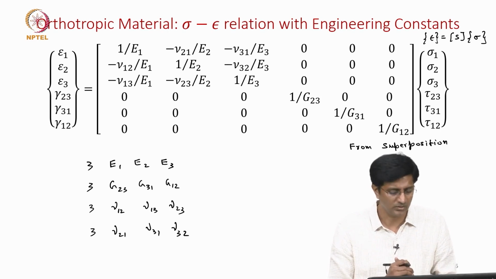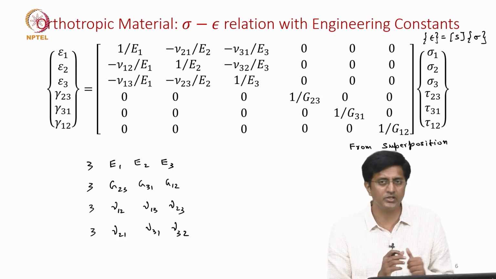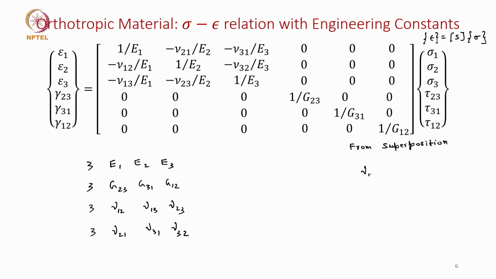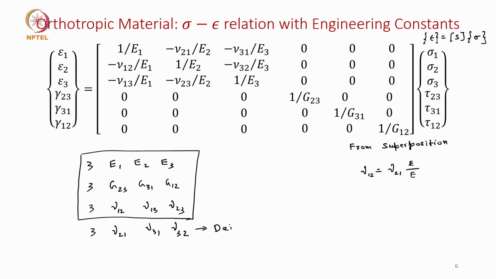The answer is no. The reason is that we have just shown in the previous slide that nu 12 can be written in terms of nu 21; it is just a ratio of the other components of elastic modulus. So only these first 9 are independent and the rest are dependent.